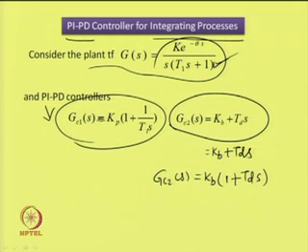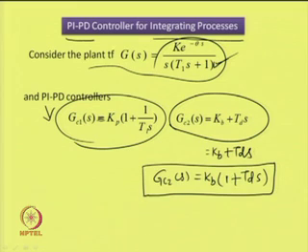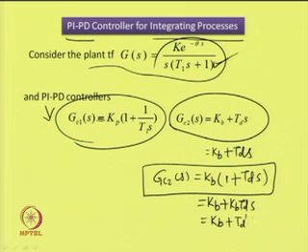So, without loss of generality, one can get the inner feedback controller in this form, because if you multiply this, we get Kb plus Kb TD s, which can ultimately be expressed in the form of Kb plus TD dash s.